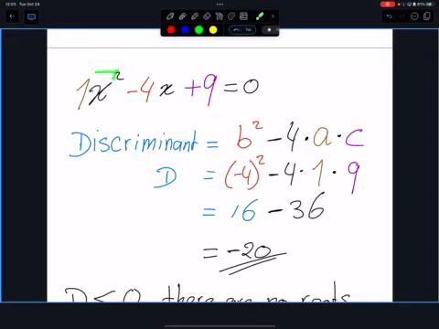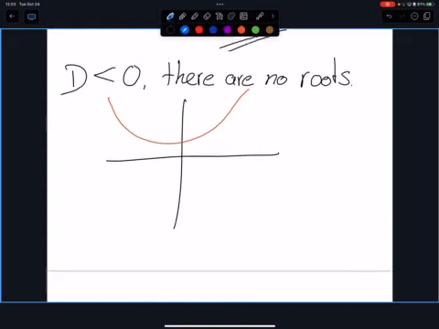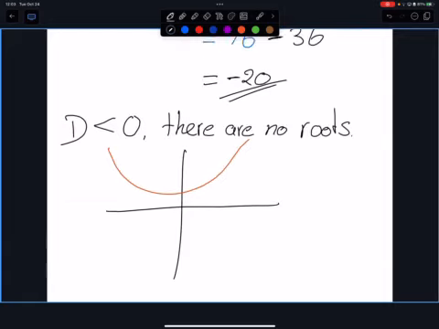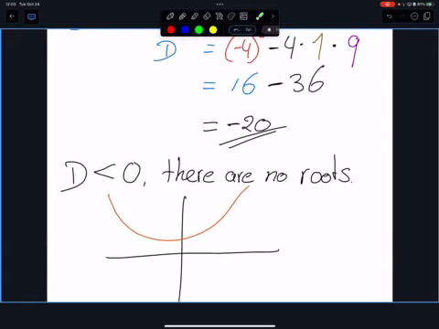The number in front of x squared is a. The number which has an x in front of it is b. And the constant number is c. All right. So you have a quadratic equation.